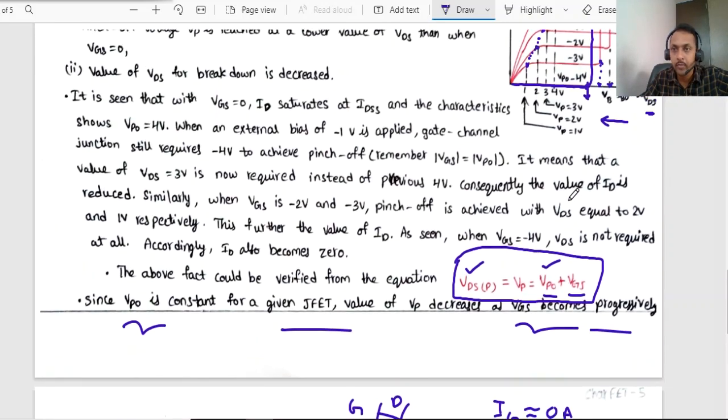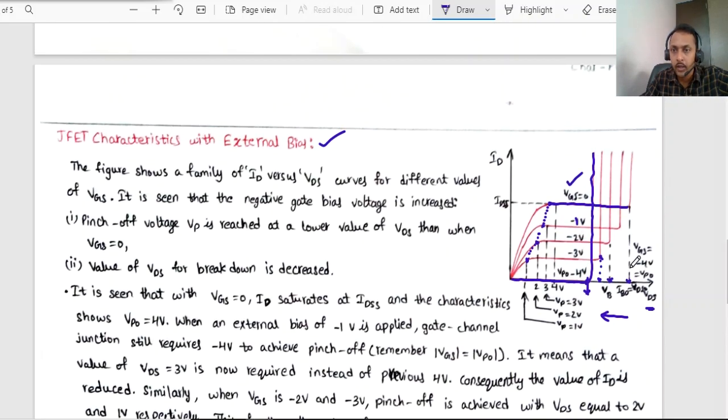That means it quickly leads to the breakdown. Simply to say, if the gate source voltage is more and more negative, it quickly leads to the breakdown. Very simple.